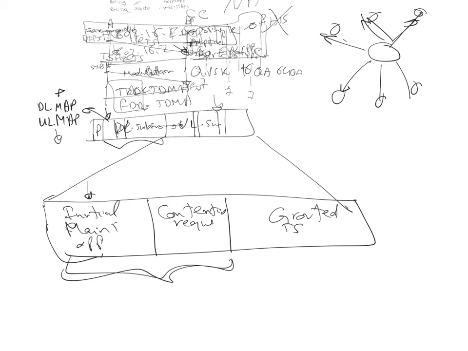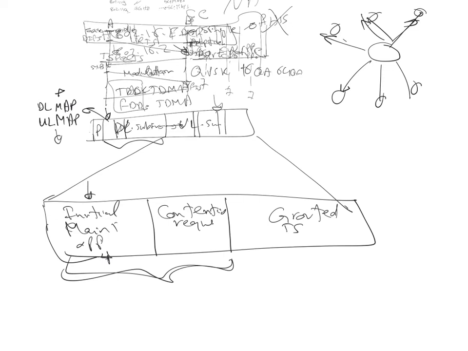Same thing for the contention request. So what is the difference between the two? Simply, the initial maintenance opportunities is for implicit kind of signaling, where you can either send uplink bursts just for the base station to do some measurements, or you can send a slip indicator, which is again the queue state indicator, to the base station.